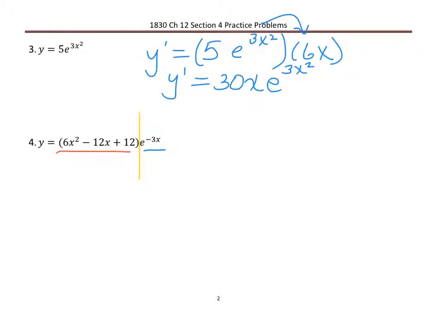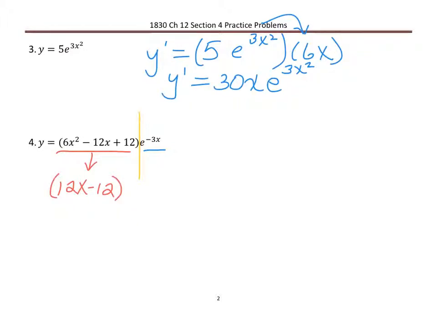And so the product rule says to take the derivative of each one. So we're going to do that. The derivative of 6x squared is 12x. And the derivative of negative 12x is negative 12. And the derivative of 12 is 0, so we'll leave that alone.